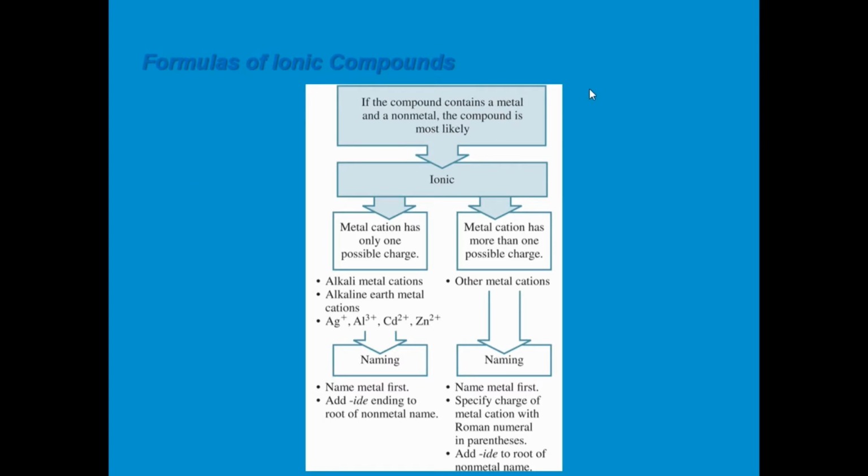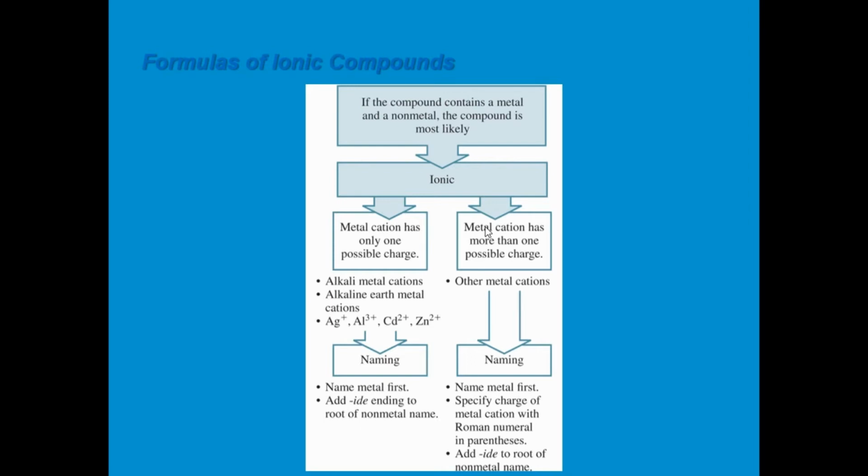This table is very important. You should copy this down, print this out. Follow the flow chart. If the compound contains a metal and a non-metal, the compound is most likely ionic. Now, two paths you can take. If the metal cation only has one possible charge, like the alkaline earth metals, the alkali metals, silver, aluminum, cadmium, zinc, then you name the metal first, add -ide, and you get the root of the name.